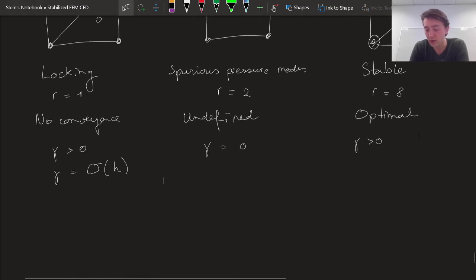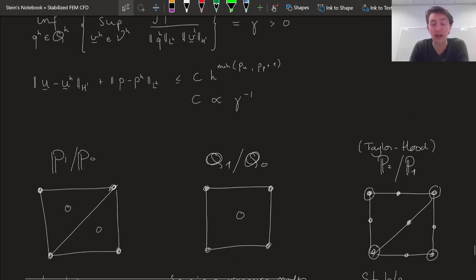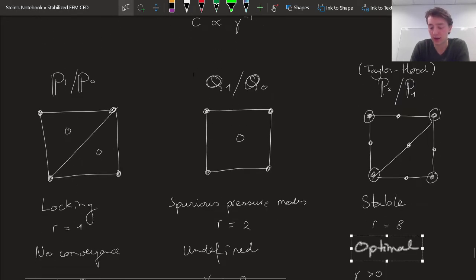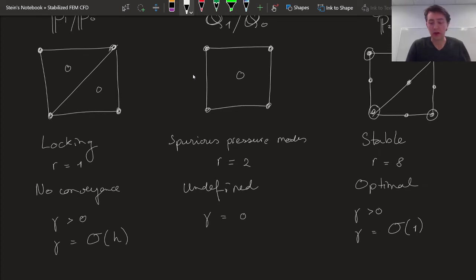Well, this one had optimal convergence, which means that c is actually independent of h, and that means here that our gamma value is also independent of h. So gamma is going to be of order 1, yeah, constant. Okay, so this is what we expect from our Inf-sup relations for these element choices.